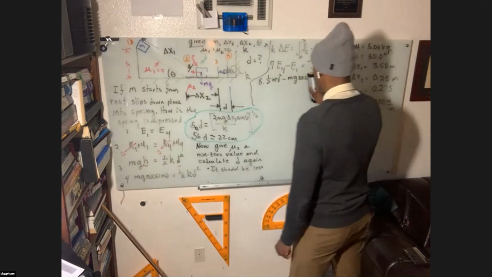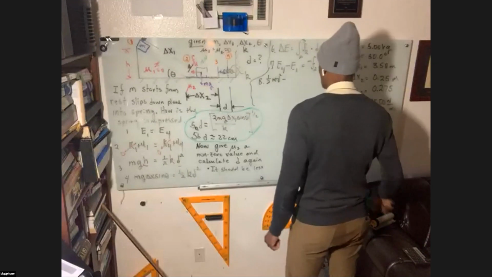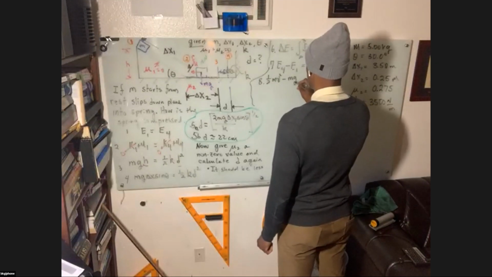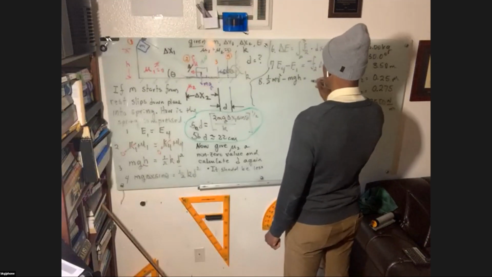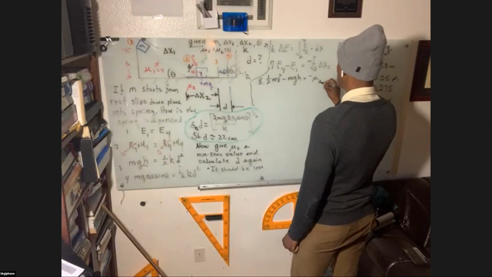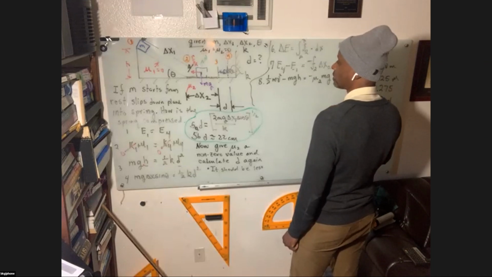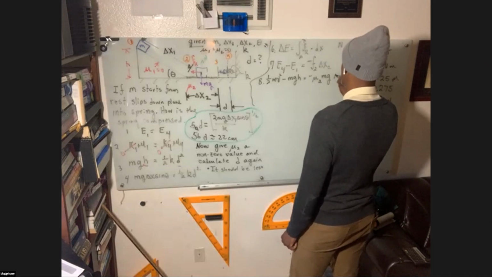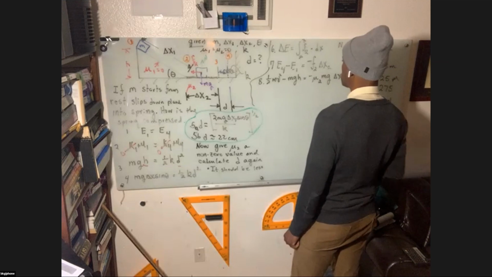Well, let's just skip a step. So mgh equals, and over here, minus mu 2 mg delta x2.